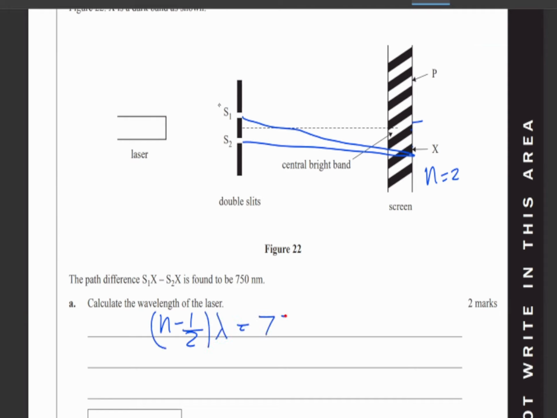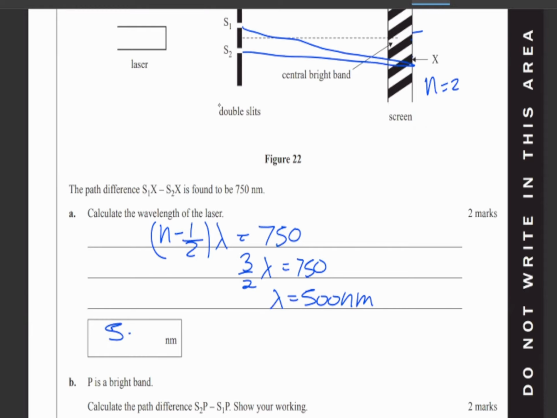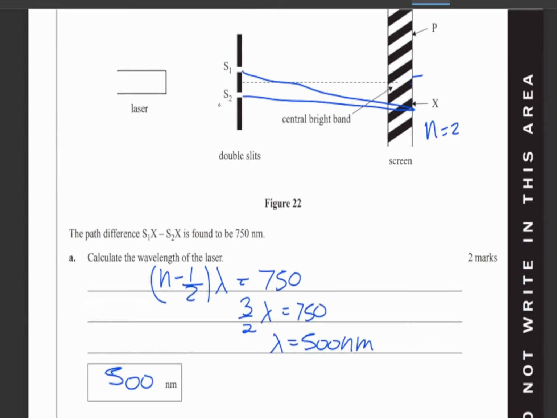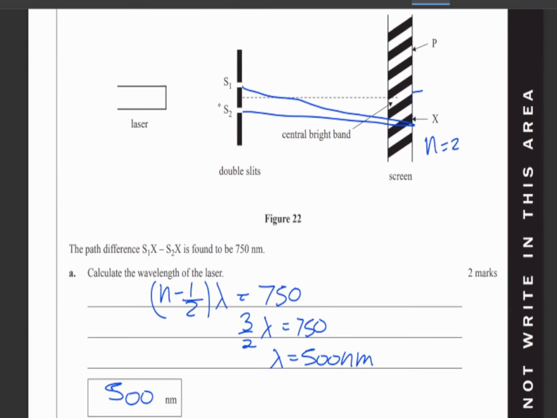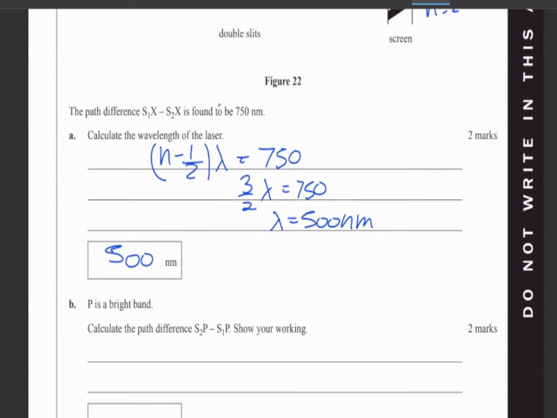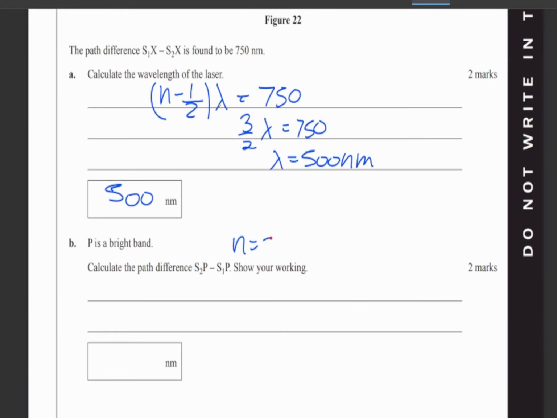Lambda equals 750. 2 minus half, or I can just write 3 over 2. 3 over 2 lambda equals 750. Therefore, wavelength equals 2 times 750 divided by 3, which is 500 nanometers. So P is a bright spot. Yep. So second bright spot, n equals 2 again.